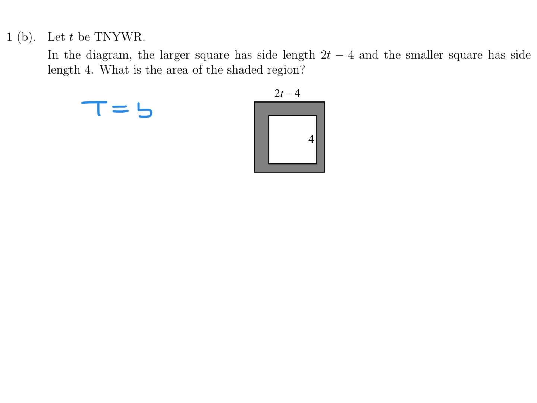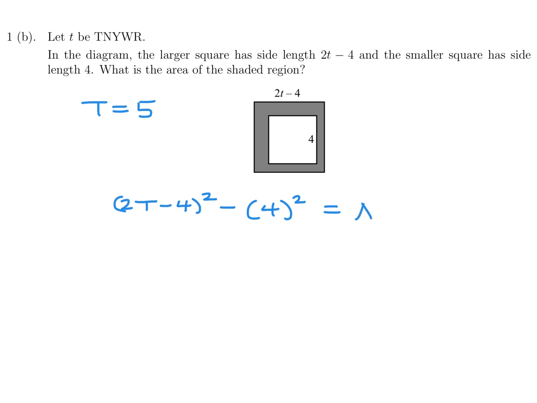T is 5, the answer to the previous question. In the diagram, the larger square has side length 2t minus 4, and the smaller square has side length 4. What is the area of the shaded region? So you take the area of the larger square, which is 2t minus 4 all squared, and subtract from it the area of the square on the inside, which is 4 squared. And that would be the area of the shaded region.